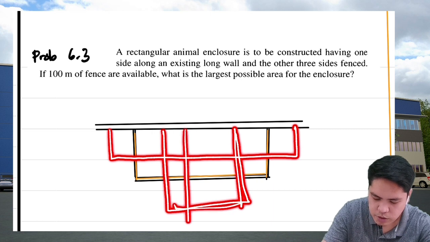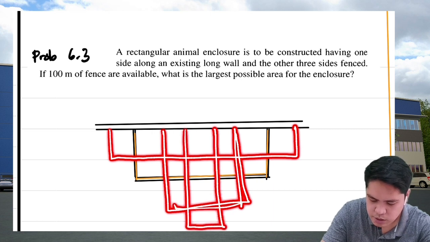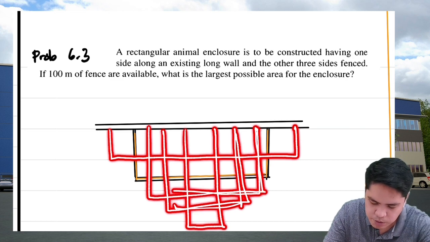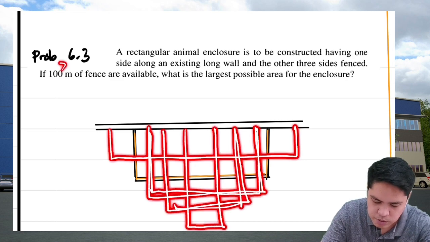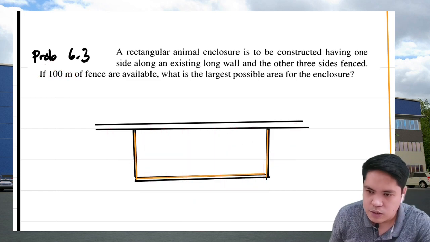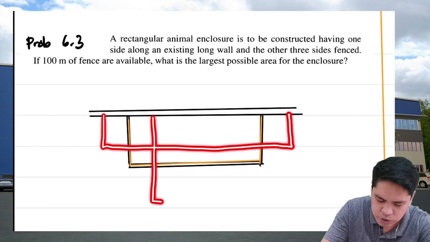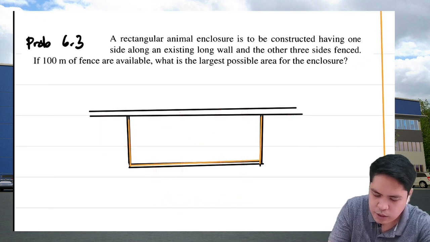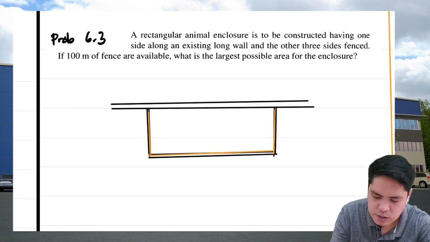Pwede din siya mas narrower pa dyan, na side. Pwede ganyan. Pwede din dito. There are many possible setups. Basta ito lang yung constant, that the total fencing is just 100. So yun lang yung restriction natin. Okay? So these dimensions will give us the largest possible area. So yung i-maximize natin is the area.